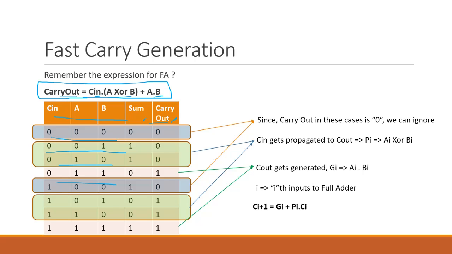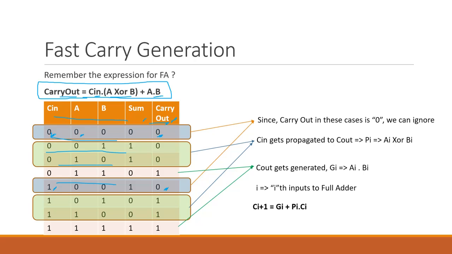Now if you observe this table carefully, consider these two cases of carry out. They are always 0 irrespective of what is the Cin. Here we are trying to find the dependency of the carry out on the Cin.